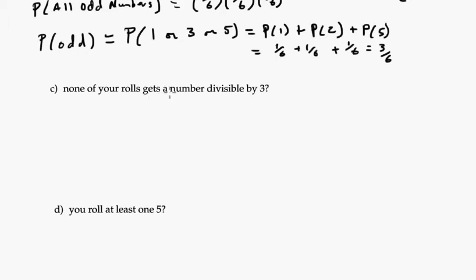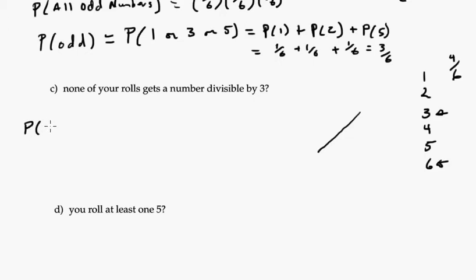None of your rolls gets a number divisible by 3. Let's go back to the outcomes: 1, 2, 3, 4, 5, and 6. 6 and 3 are divisible by 3, so there are 4 out of 6 that are not divisible by 3. I'm not going to need a tree.